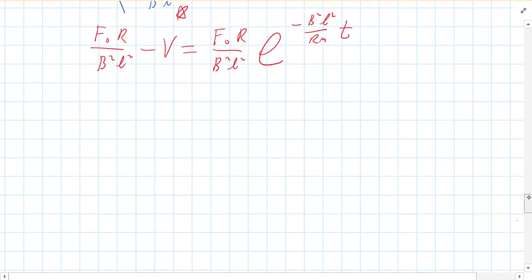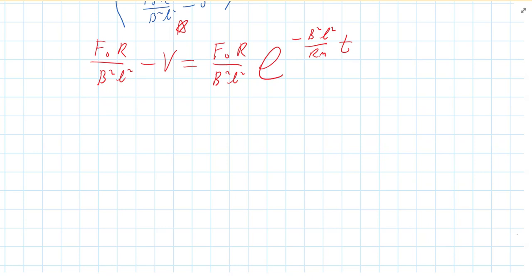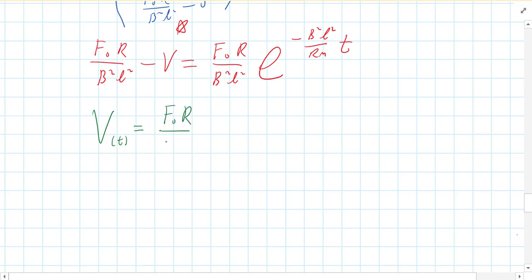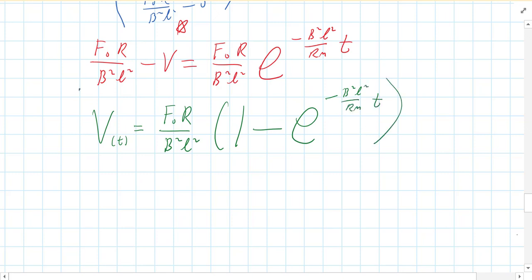And then if you get v by itself, you do a little algebra, you get velocity as a function of time is equal to this coefficient, F naught R over B squared L squared, times 1 minus e to the negative B squared L squared over R M t.